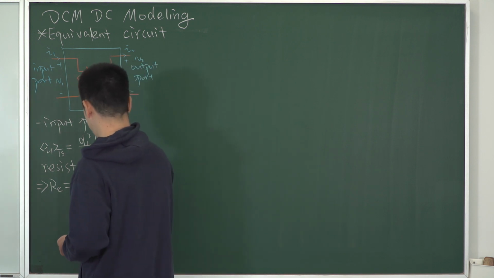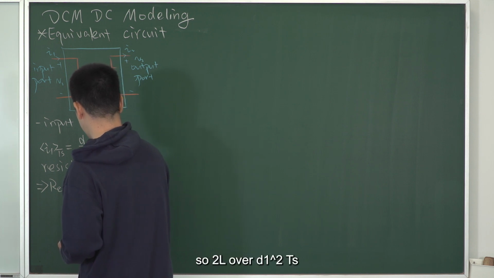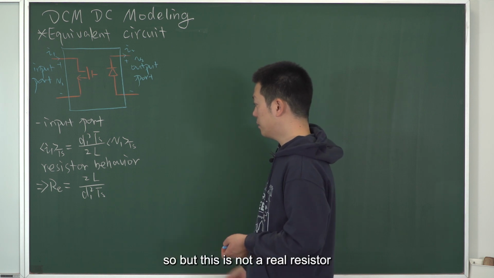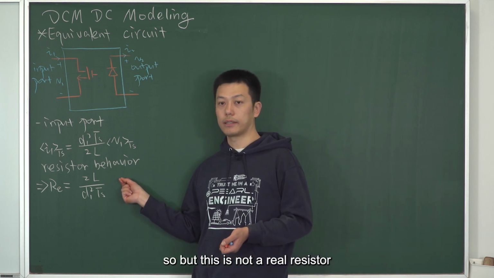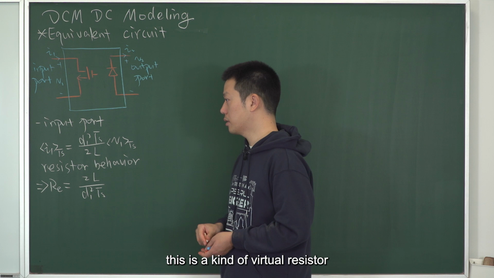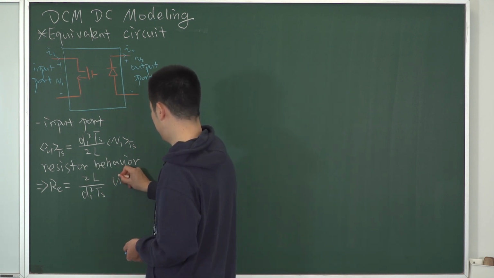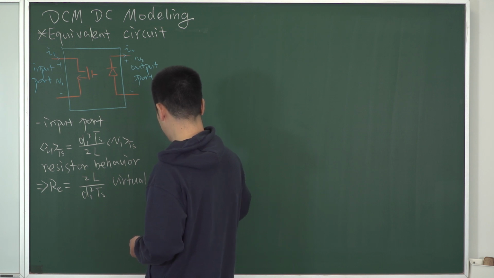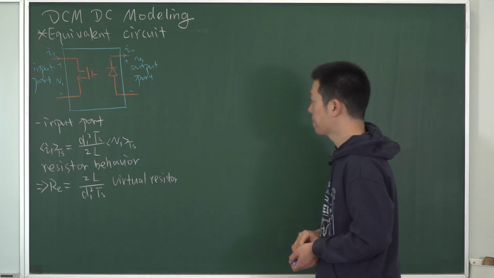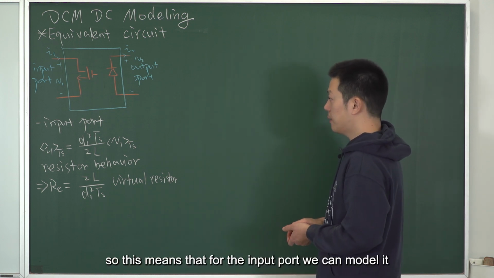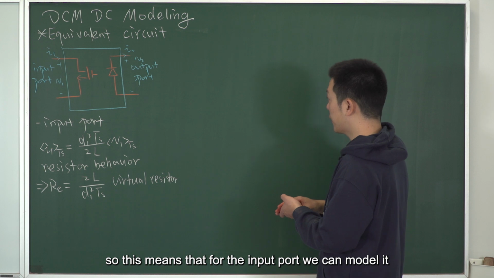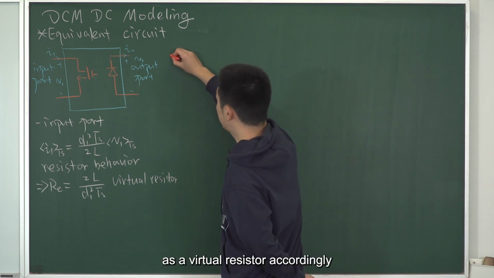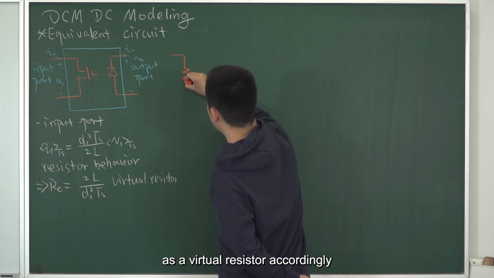So 2L over D1 squared Ts. But this is not a real resistor. This is a kind of virtual resistor. So this means that for the input port, we can model it as a virtual resistor accordingly.